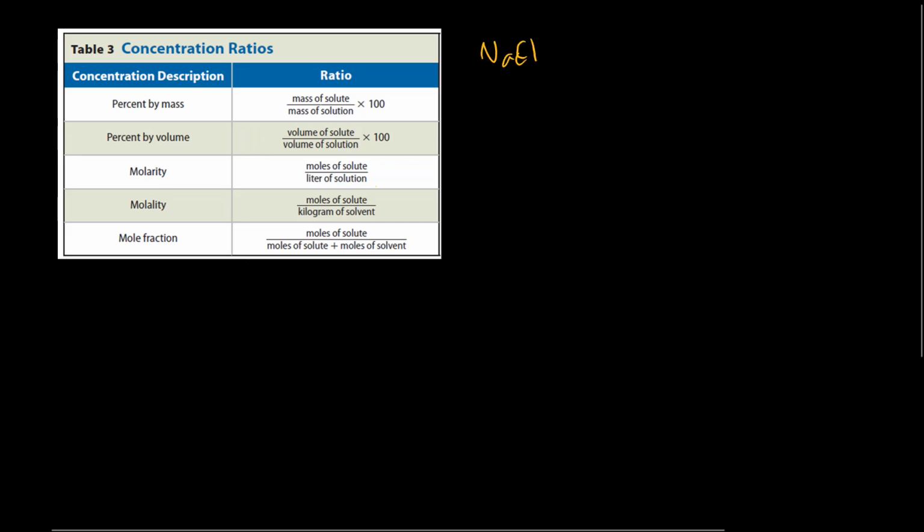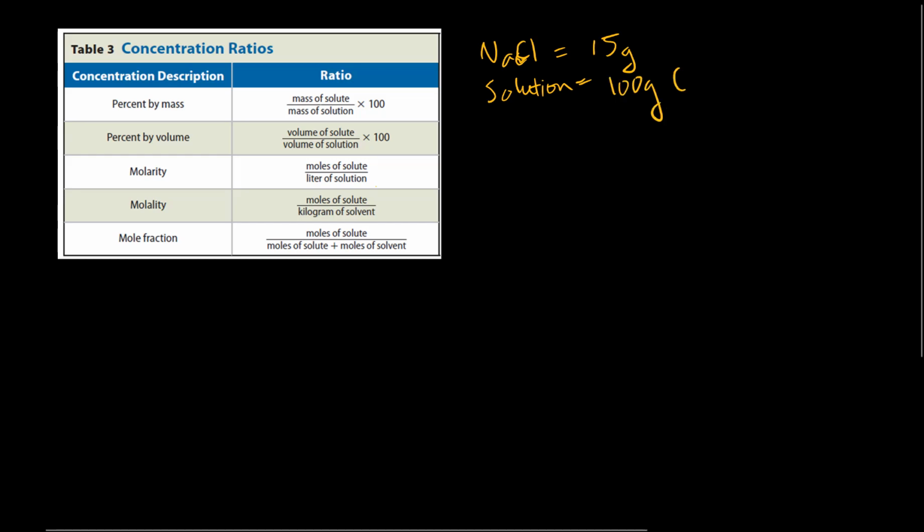And let's just play like here we've got, let's say we've got 15 grams of NaCl. And let's say that it's dissolved in water, okay? And the water, so we've got the solution, let's say the whole solution is 100 grams.